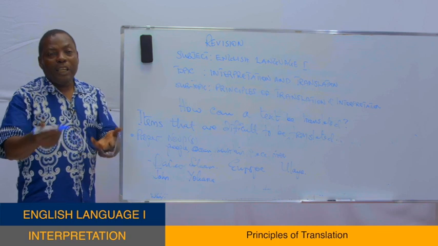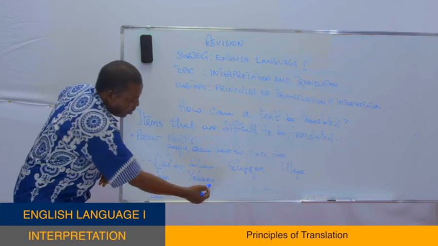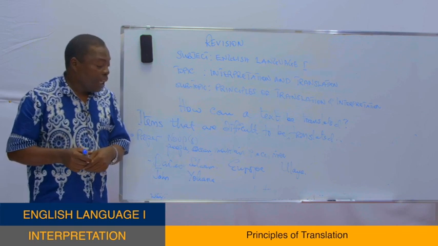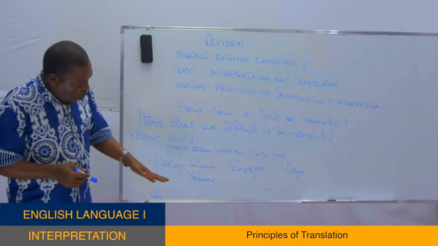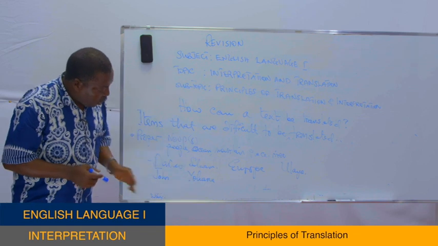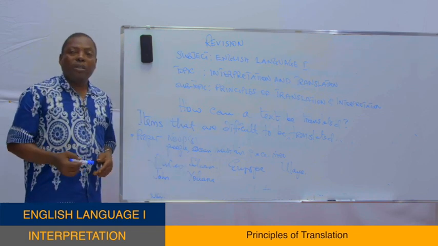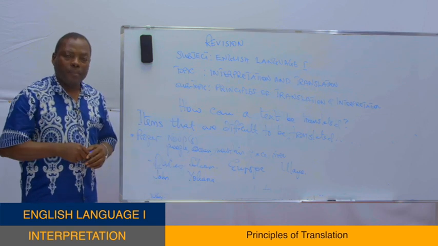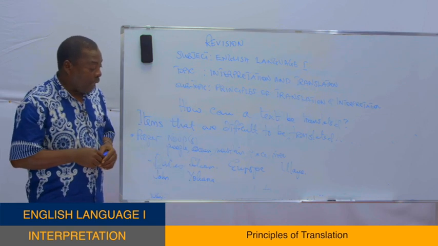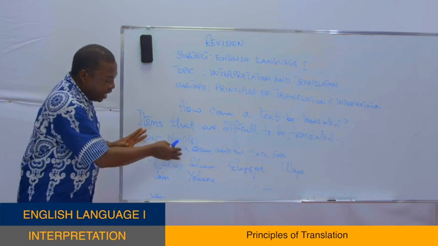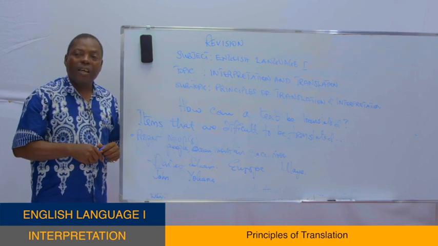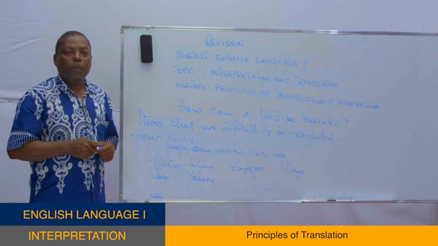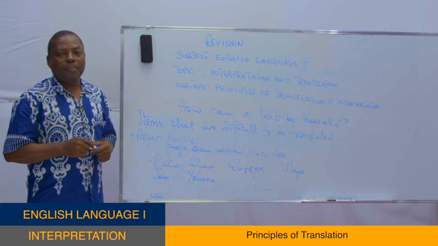Now you have been given a check named Johanna and you go to the bank. Do you think those people will know that Johanna stands for John? They look at these two as two different people. That's why we are saying such kinds of words are not supposed to be translated. They need to be left as they are.